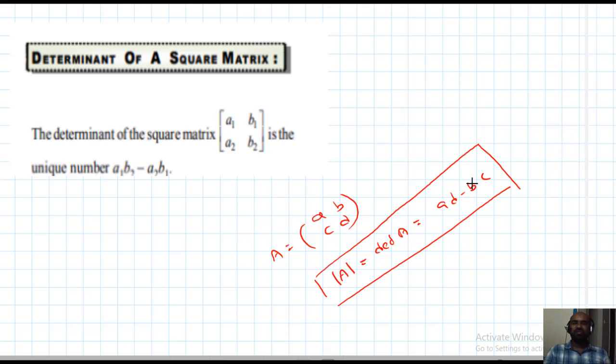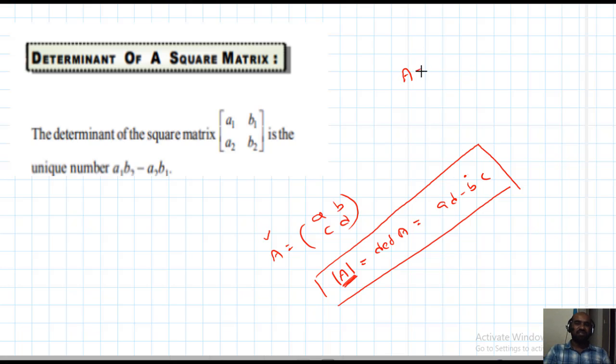If a, b, c, d are real numbers, then ad minus bc automatically becomes a real number. This unique real number is said to be the determinant of this matrix A. Symbolically this can be written as det A, not mod A, det A equal to ad minus bc.